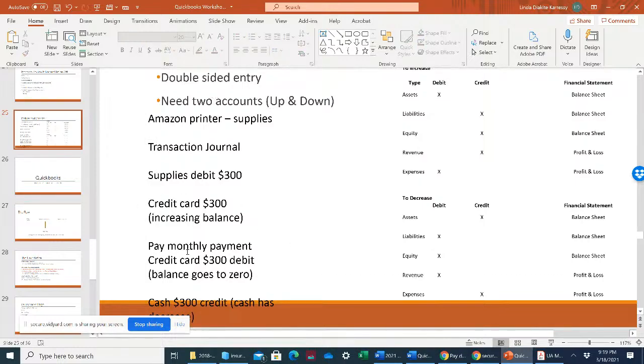So when you code this transaction for the monthly payment, QuickBooks is going to say, you paid on your credit card, so you debit the credit card because you're decreasing the liability. If you look at the chart, if you want to decrease a liability, you debit. And since we're paying money out, the cash is a credit.